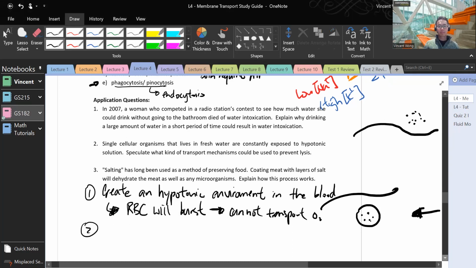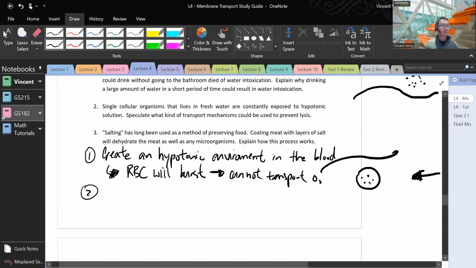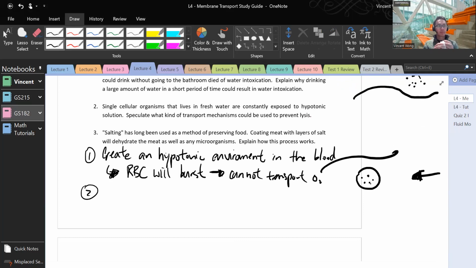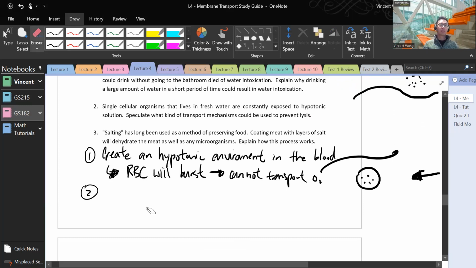What's another reason? High concentration of calcium. Why? Why would drinking a lot of water increase the concentration of calcium? Oh, not quite. Water actually doesn't have calcium in it.